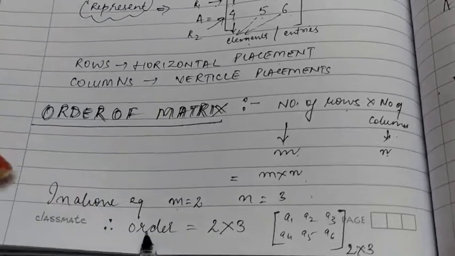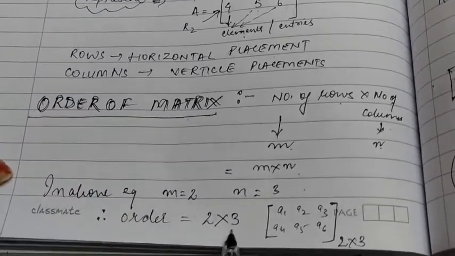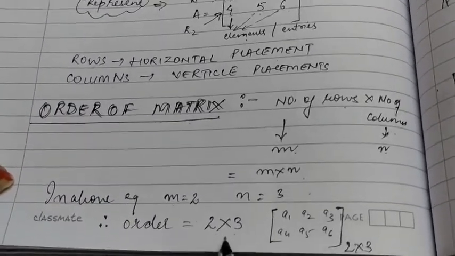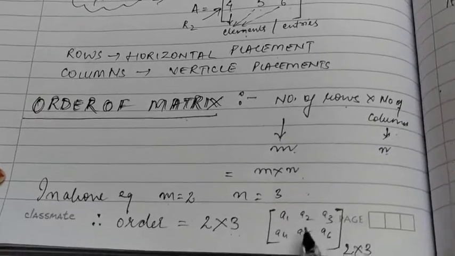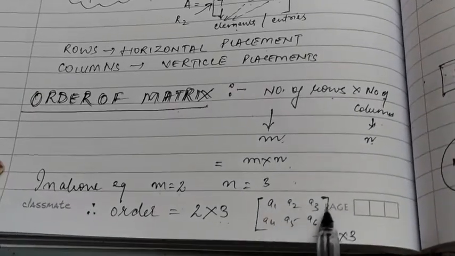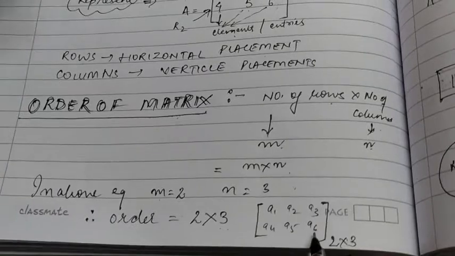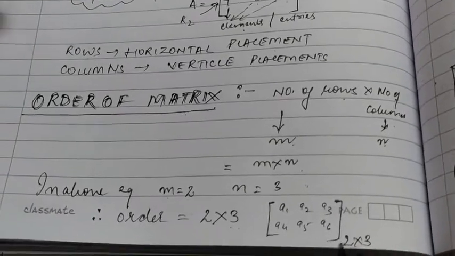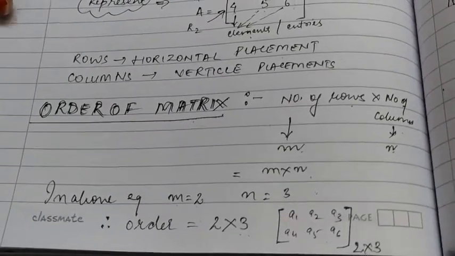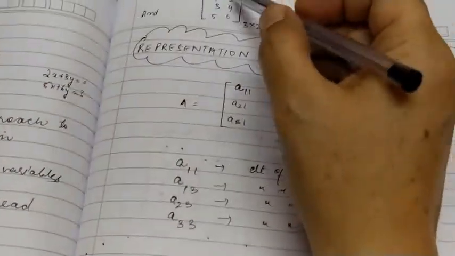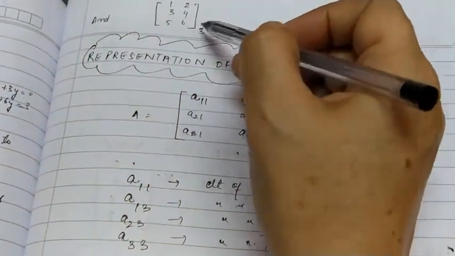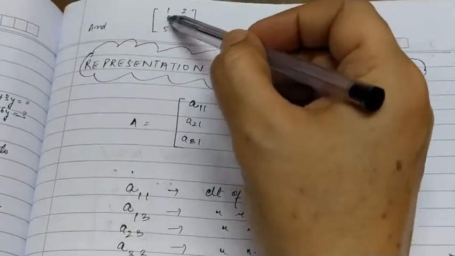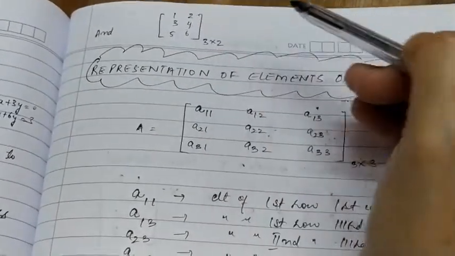So the order of this matrix is 2 into 3, or 2 by 3. So a1, a2, a3, a4, a5, a6, if I take it in the general form, is a matrix of order 2 by 3. We can write them in another way also, like 1, 2, 3, 4, 5, 6, here 3 rows and 2 columns.